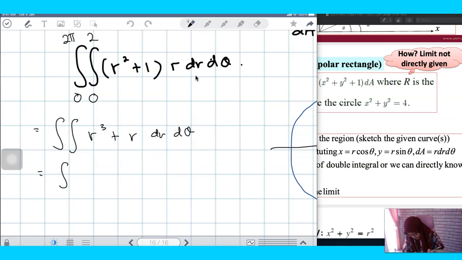Integrate with respect to r first: 1 over 4 r to the fourth plus r squared over 2. Then I replace the limit r from 0 to 2.